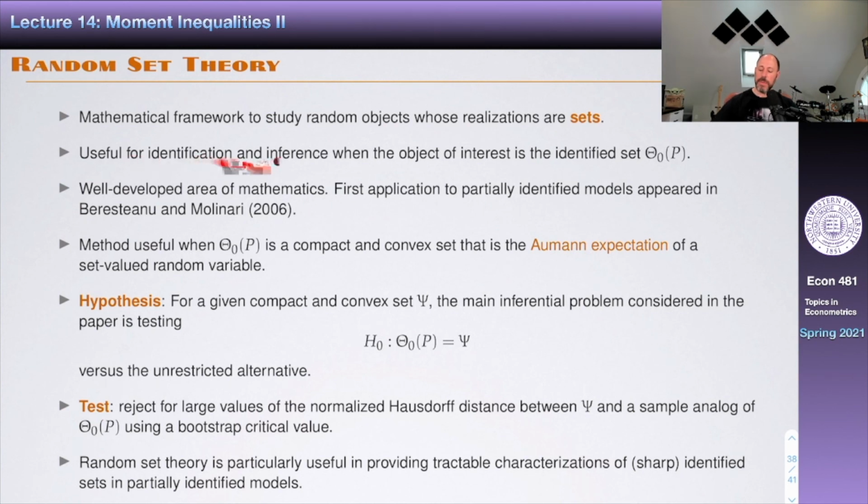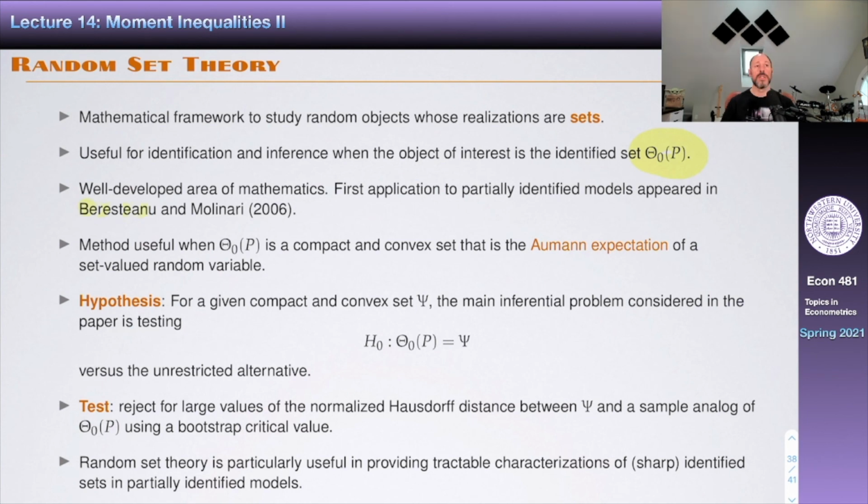Okay, so here we deviate. Remember at the beginning where I talked about points in the set or the set itself, where random set theory is particularly good when this set is the object of interest. It is an area of mathematics, and the first application in econometrics was in this paper by Beresteanu and Molinari. Both are former Northwestern students.